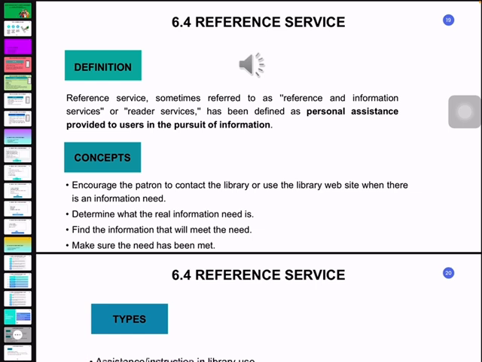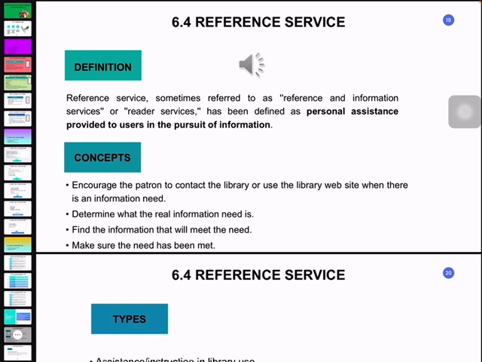Sebab apa? Kita nak menggalakkan pengguna untuk berhubung dengan library ataupun untuk menggunakan library website, because nowadays, instead of doing a physical reference consultation, we are providing reference service through the web. Kalau you perasan dekat library portal kita pun ada chat with a librarian. That is one method of the reference service, one approach.